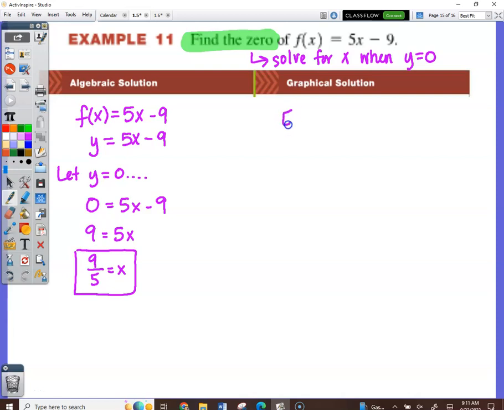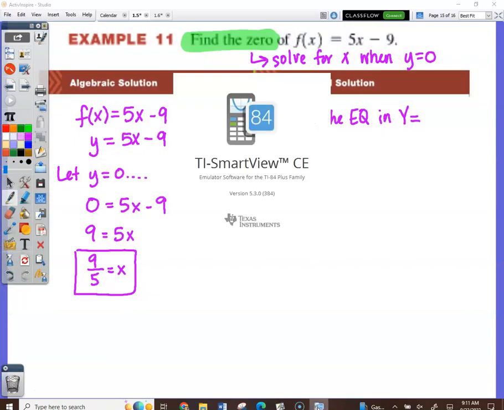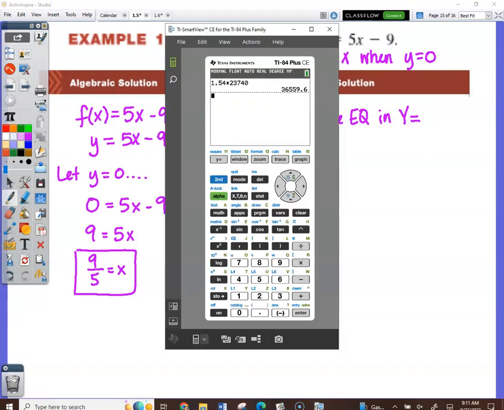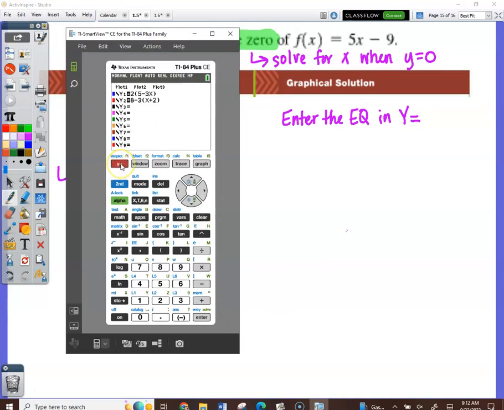To graph it, you would have to enter the equation in y equals.